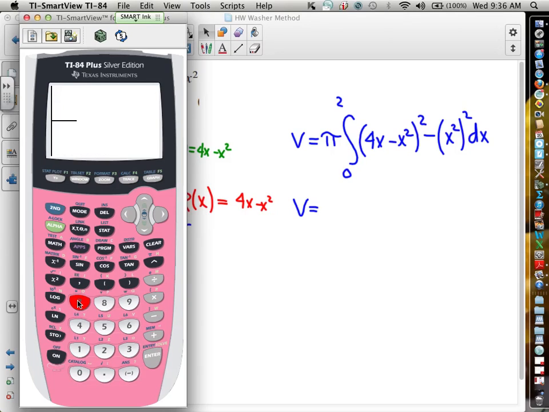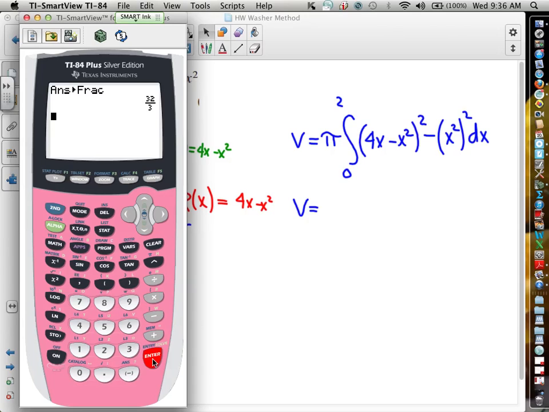Number 7 is integral, and my lower limit is my lower bound, which is 0. My upper limit is 2, which is my upper bound. And then it gives me an answer of 10.6 that repeats. Remember, you can turn that into a fraction, hit the math button, and number 1 is fraction, and then hit enter.